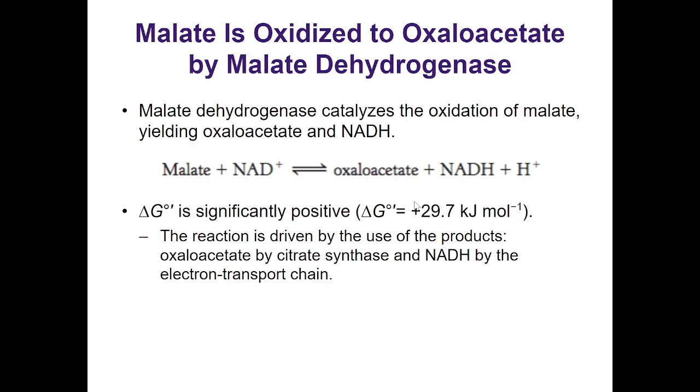So our delta G naught prime is actually 29.7 kilojoules per mole, even though we're generating that NADH here. The reaction is actually driven by the use of the products, the oxaloacetate by citrate synthase, and NADH by the electron transport chain.